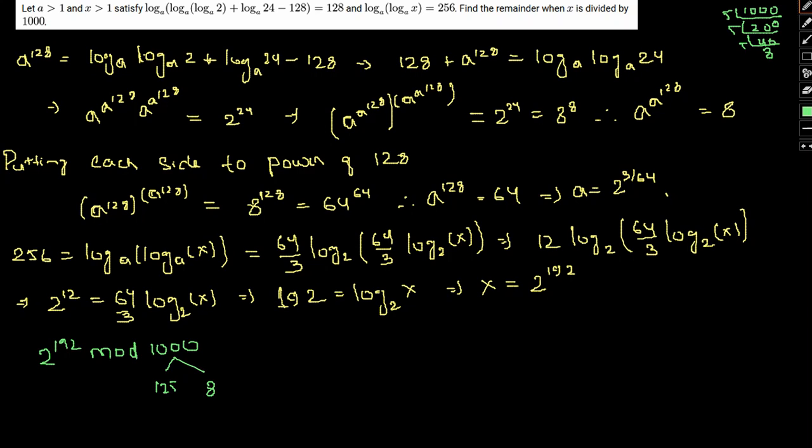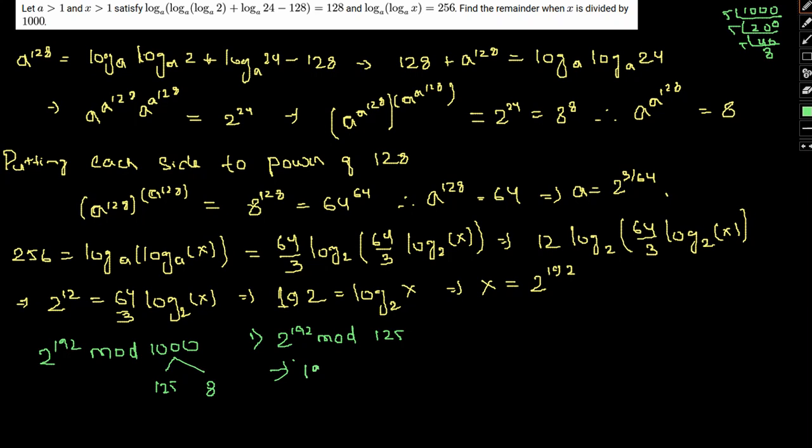So now let me solve this. 2 to the power 192 mod 125. Let me solve this first using Euler's theorem.